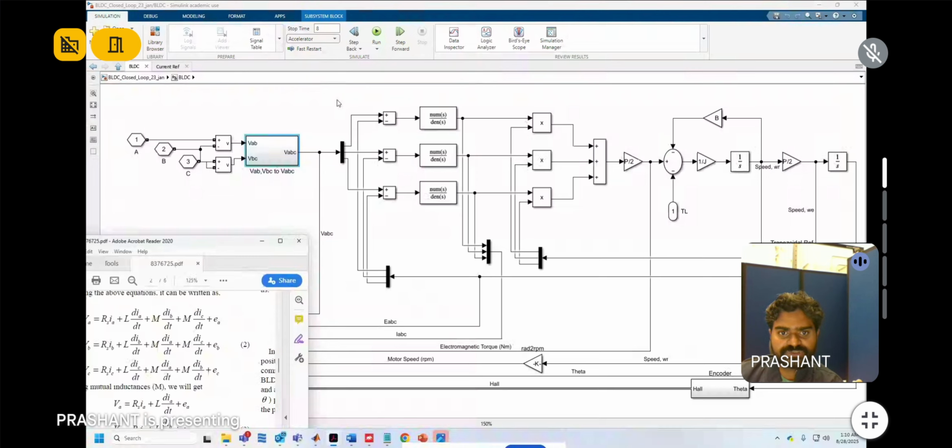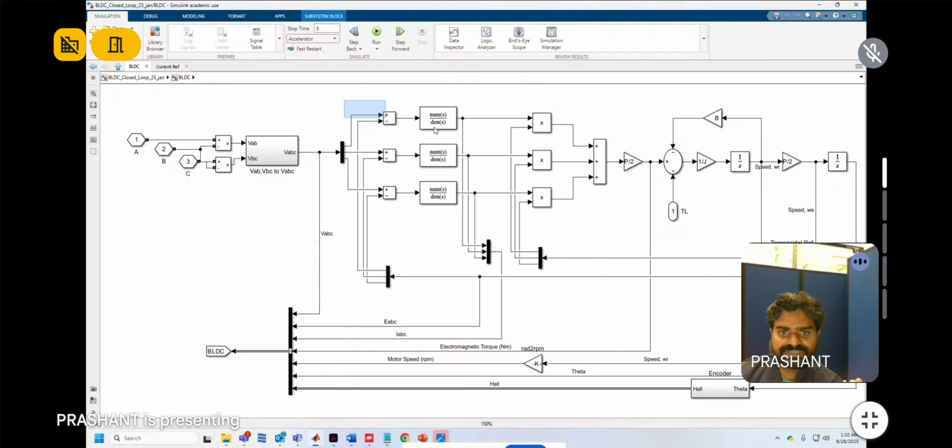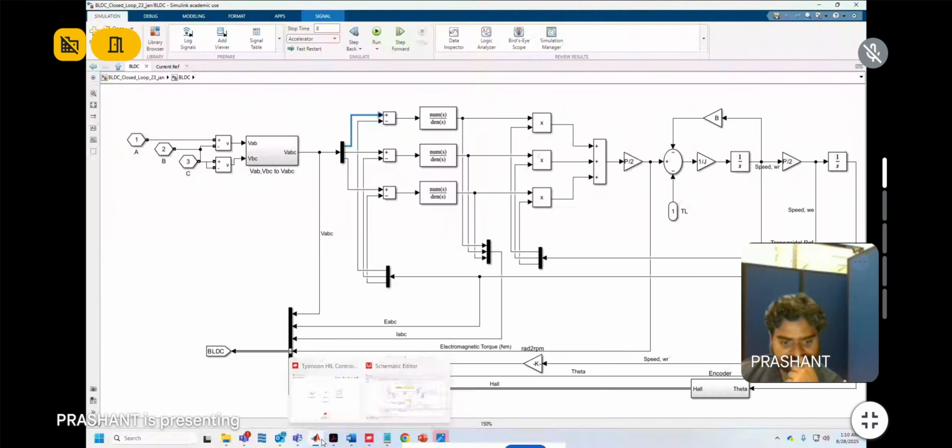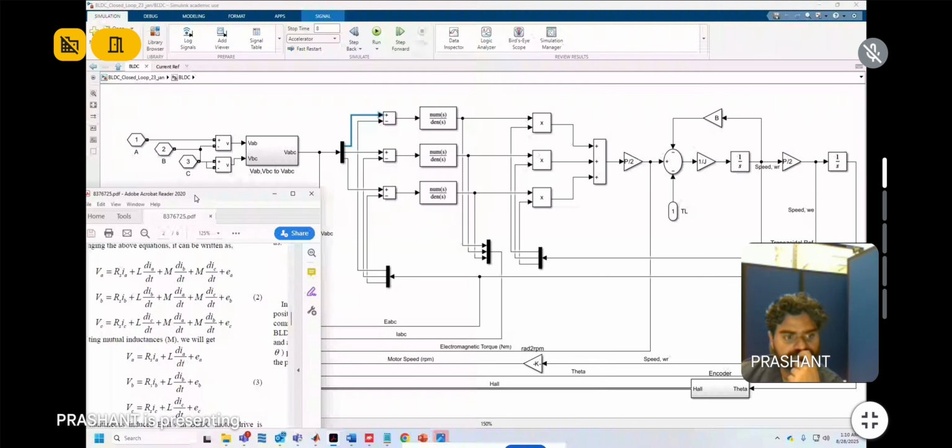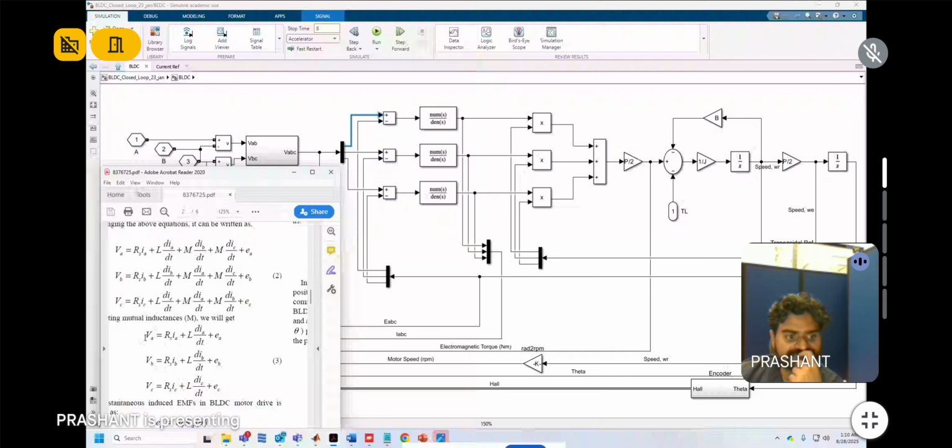The top one is for phase A, the middle one is for phase B, and then there is phase C. So we have VA here. I will explain how I am getting it. So here I am getting VA. Now VA minus EA will be RS IA plus L di by dt.